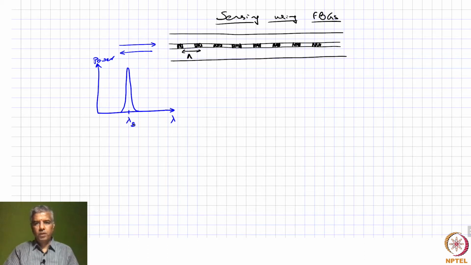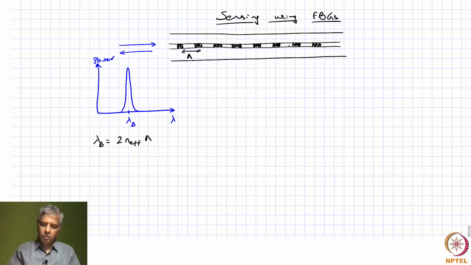Now, we also said lambda B is given by 2 times n effective times capital lambda.